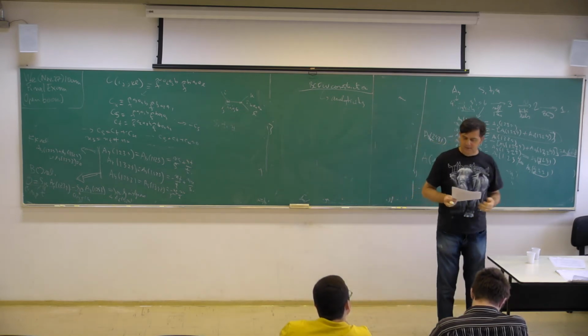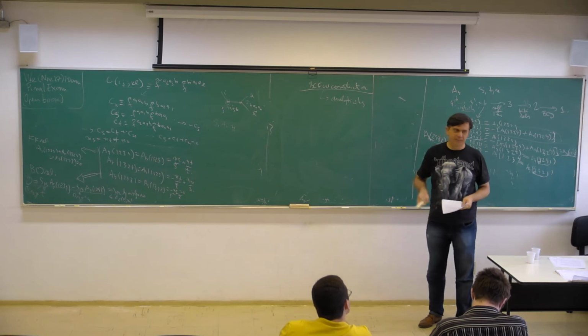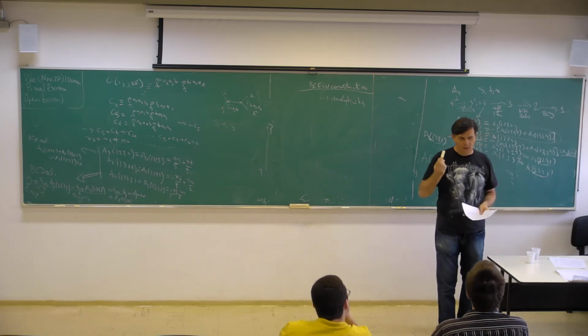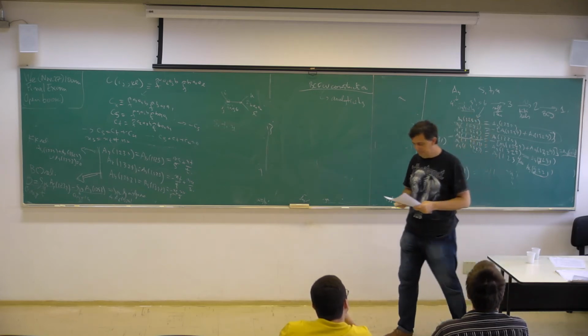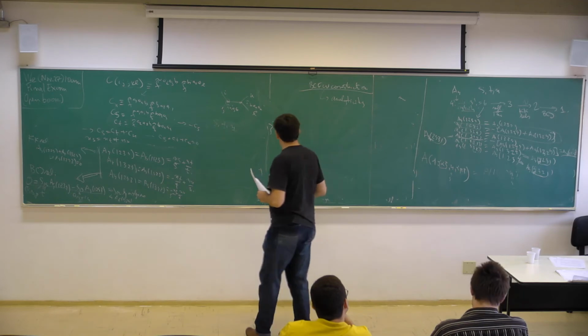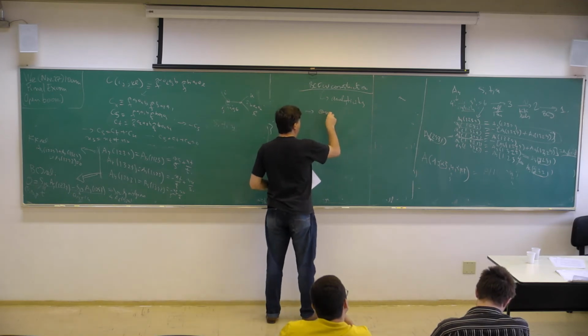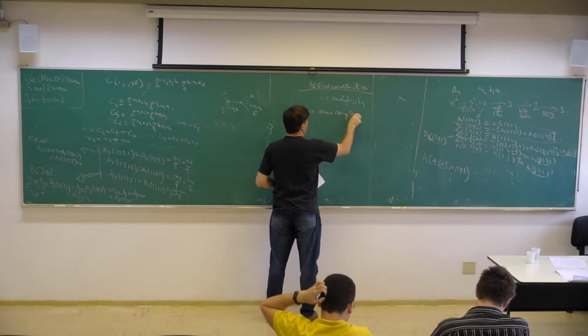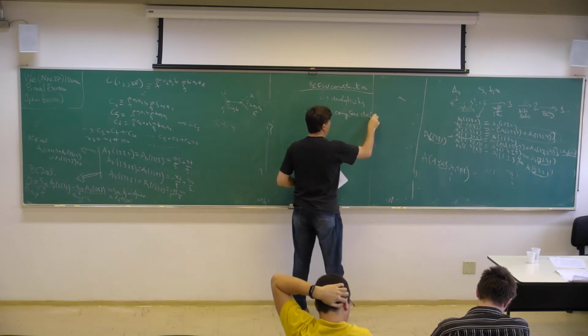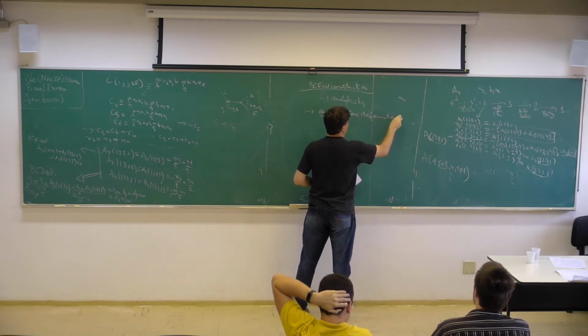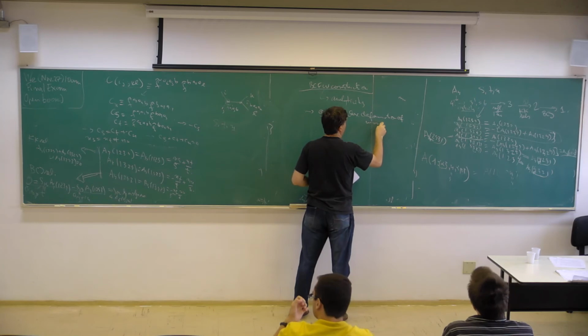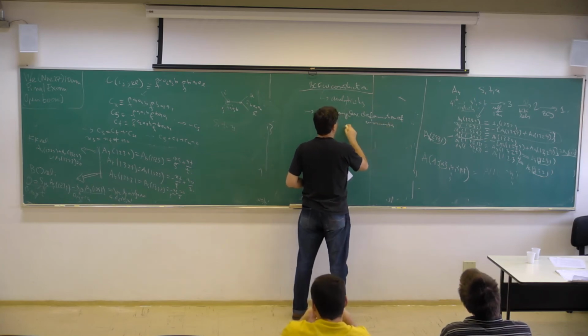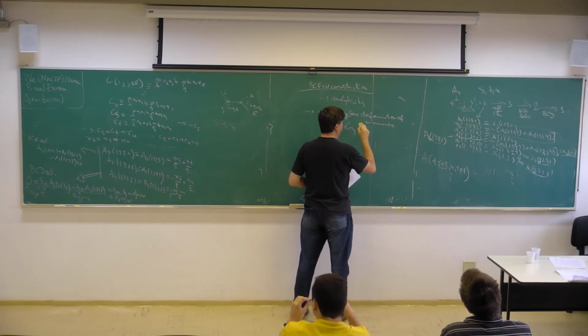But BCFW thought of a trick. If it's complicated, let's reduce it to dependence on one complex variable. So consider one complex deformation of momentum by a complex number z.